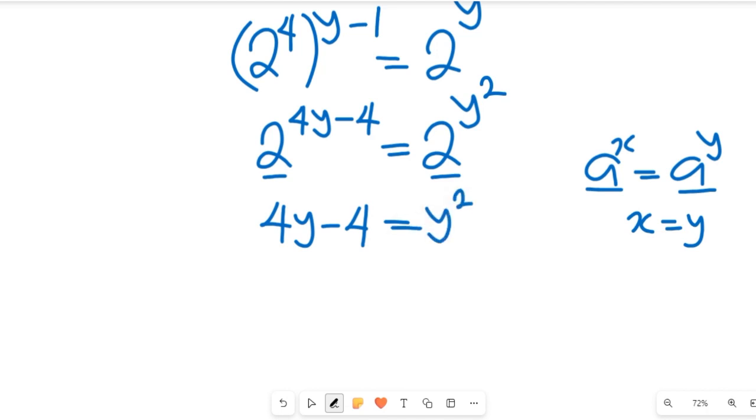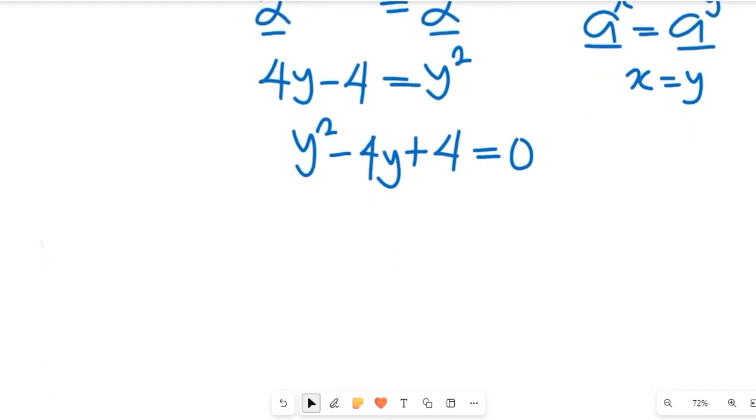So if we rearrange this by subtracting 4y from both sides and adding 4 to both sides, we'll have y squared minus 4y plus 4 to be equal to 0.